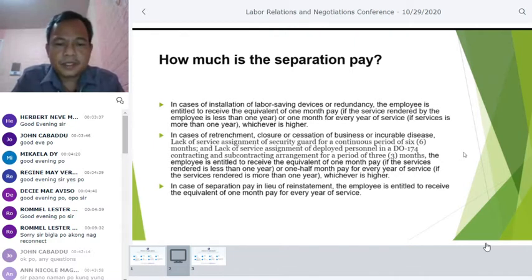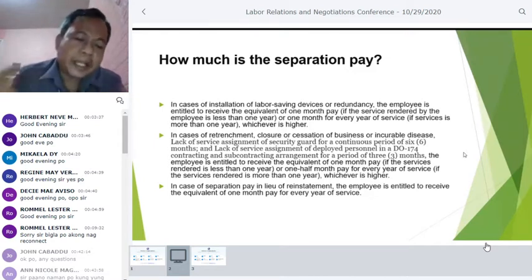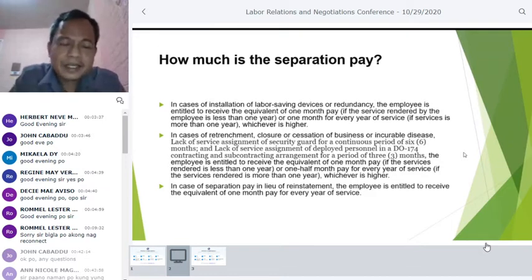So, again, kung less than 1 year, 1 month, equivalent of 1 month salary. Kung more than 1 year, equivalent of 1/2 month multiplied by every year of service. Yung kababanggit ko lang, sila yon. Yung third bullet, kapag yung employee naman ayaw na mag-reinstate, ayaw na bumalik, dahil nga nangangamba siya, baka balikan siya ng employer.